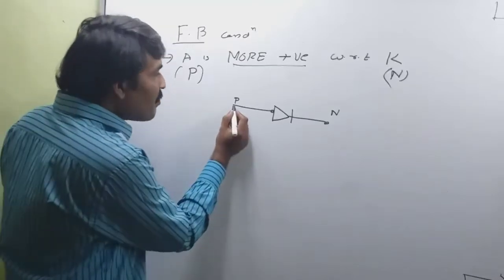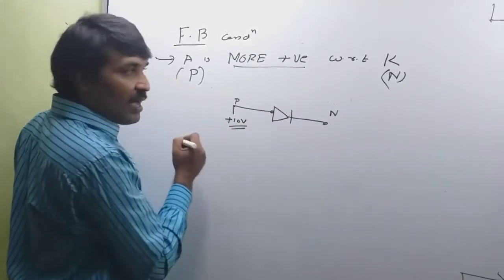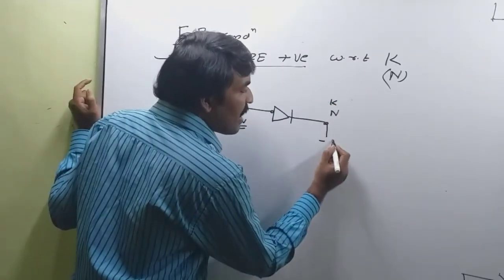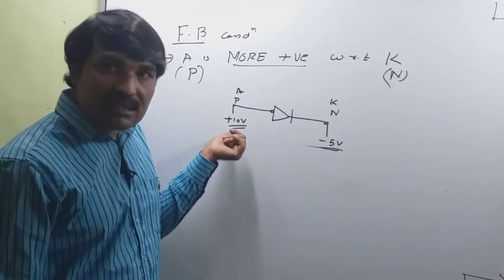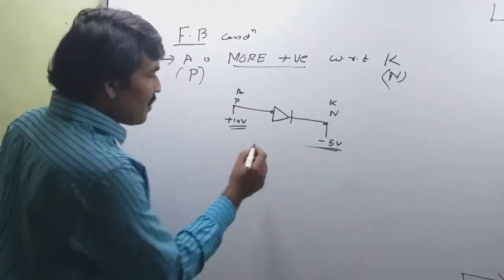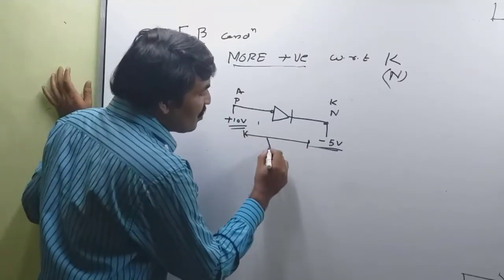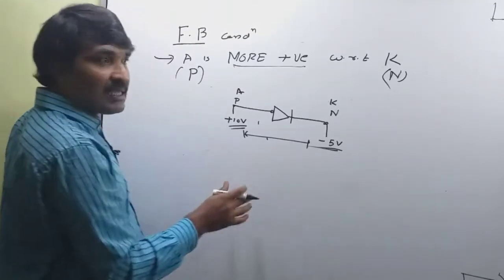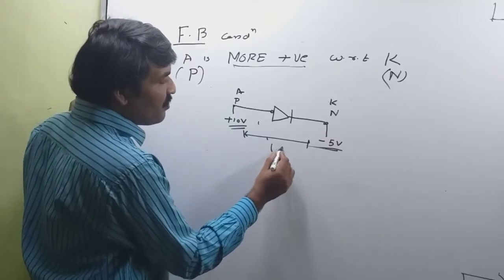I am connecting plus 10 volt to the anode, and to the cathode I am giving minus 5 volt. So what is the potential difference between P and N? That is represented by Vpn. The potential difference Vpn is equal to 15 volt.